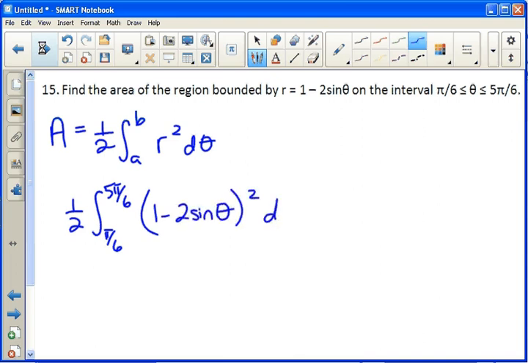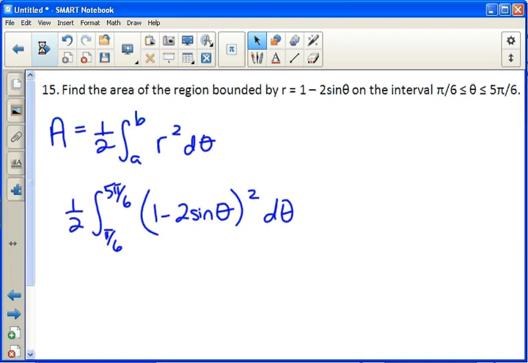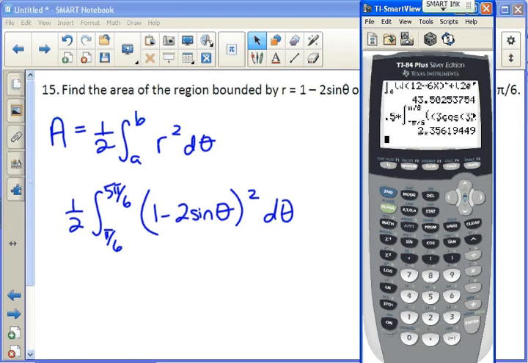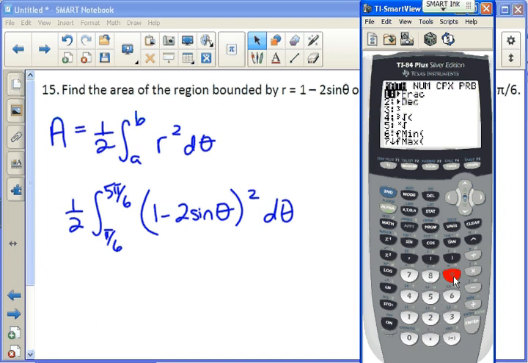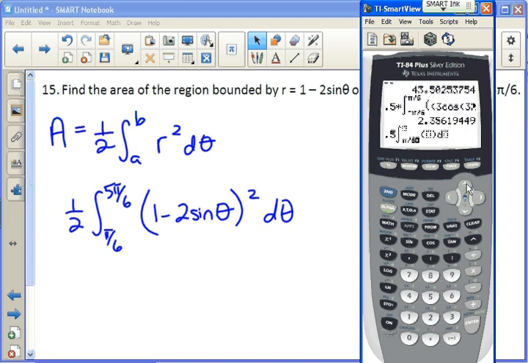So 1/2, math 9, pi over 6 to 5 pi over 6, parentheses 1 minus 2 sine theta squared with respect to x, and we get 0.544.